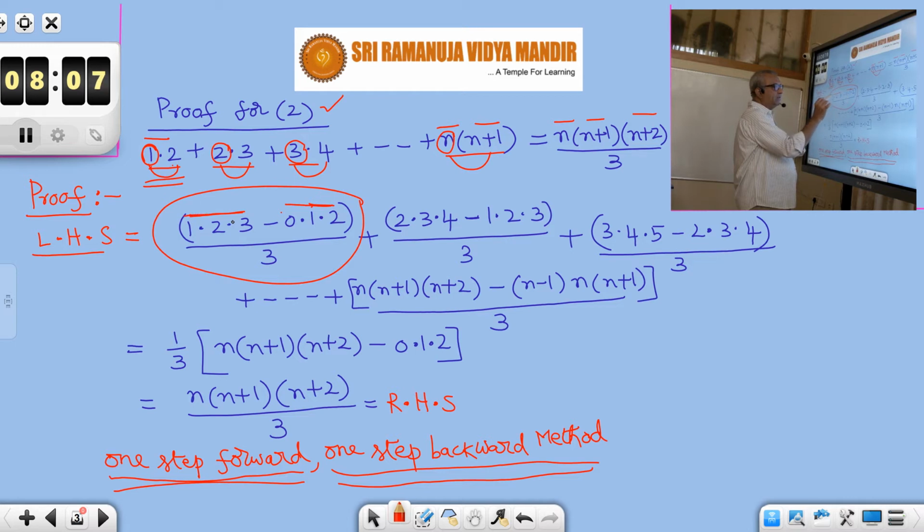One step forward is 1 into 2 into 3 minus one step backward means 0 into 1 into 2, divided by 3. Of course 0 into 1 into 2 is 0 only, leave it. So 1 into 2 into 3 by 3 is what? The 3 gets cancelled and you will get 1 into 2 only, the first term only. So do you agree that this is the first term?